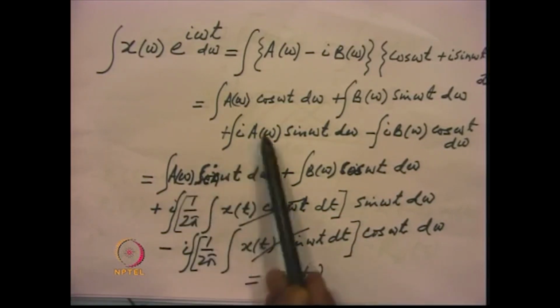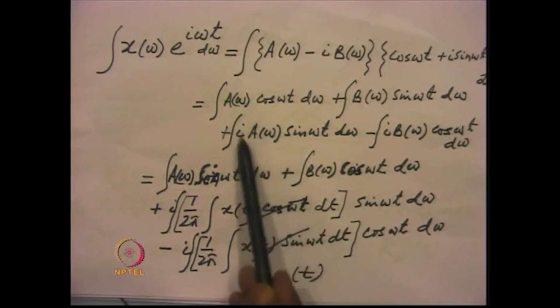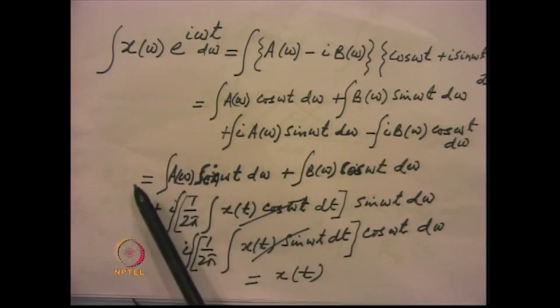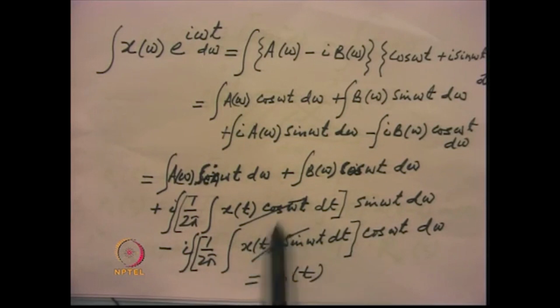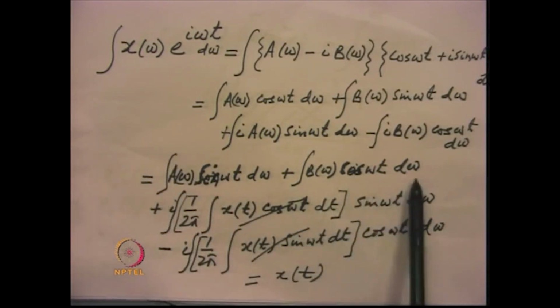Now, we keep these two as they are, and in these other two, if we substitute for A(omega) and B(omega) by the equation of AK and BK that I showed you before, we will find that these two terms cancel. Finally, we have A(omega) sin omega t d omega plus B(omega) cos omega t d omega.